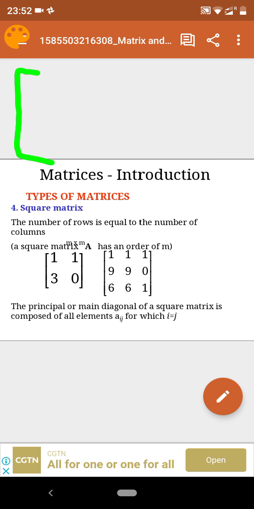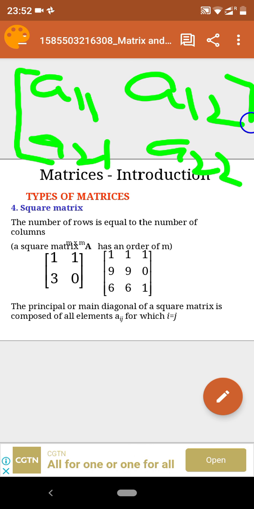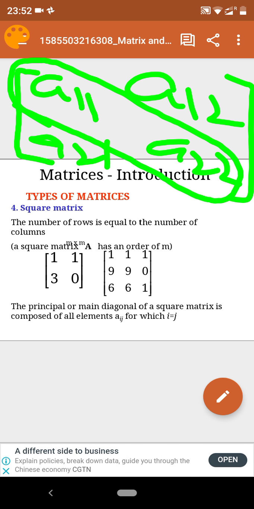If I take a square matrix of order 2 by 2, it will have four elements: A11, A12, A21, A22. So this is said to be the diagonal of a square matrix. Diagonal is a terminology that we define only for square matrices.